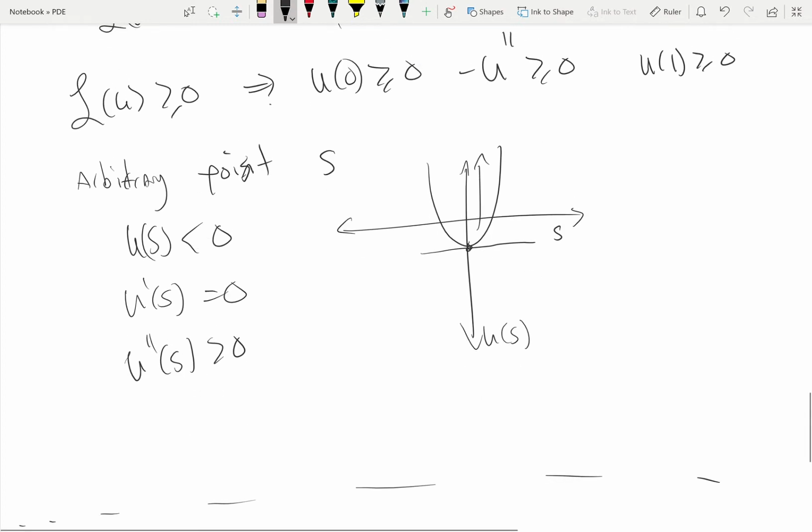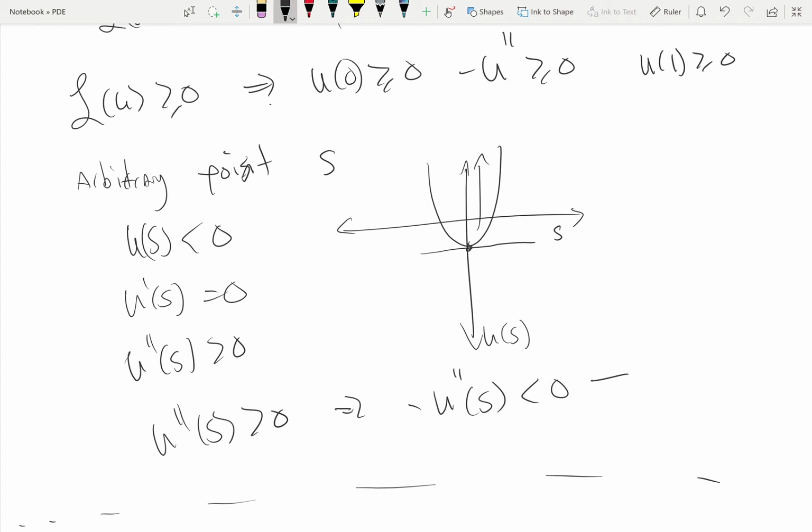All right. But if u double prime of S is bigger than 0, that would imply negative u double prime of S is less than 0, which contradicts that negative u double prime is bigger than 0, which is here. Alright.